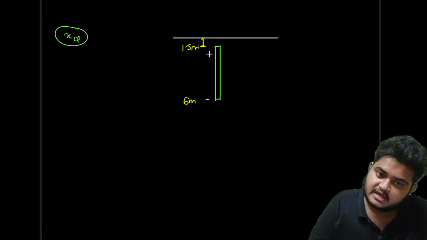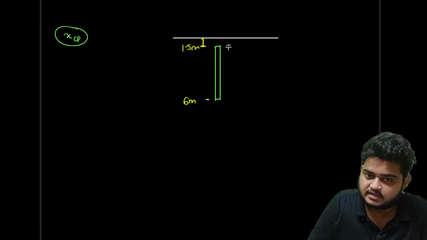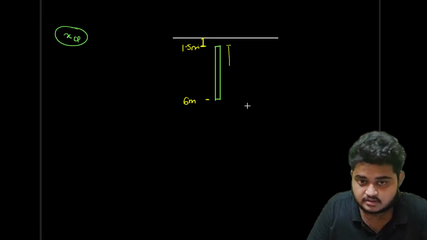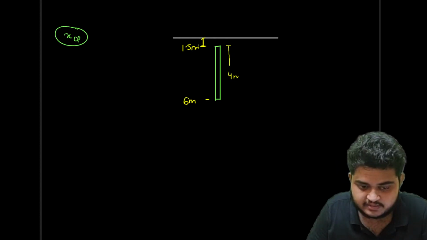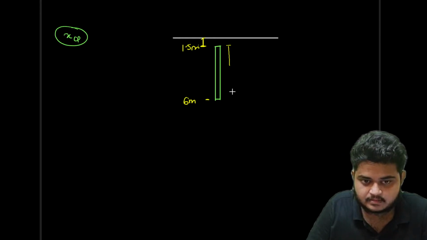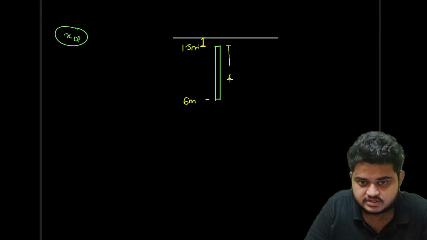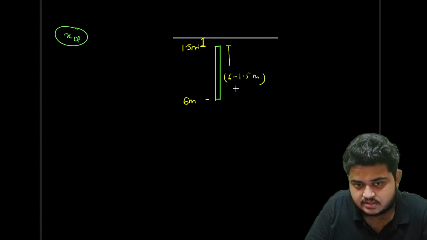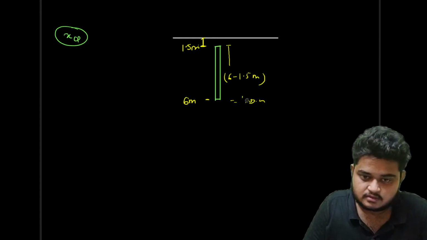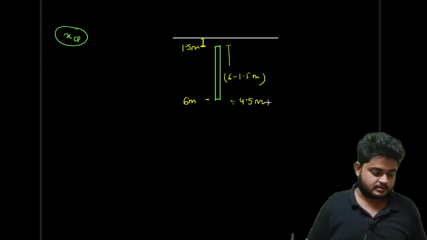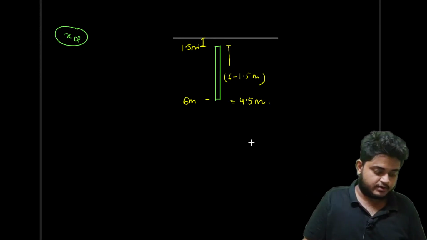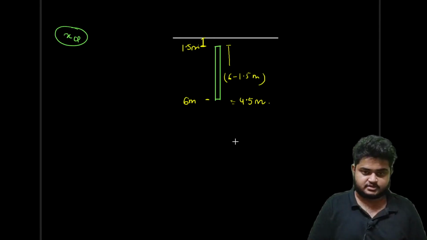That means the height of the rectangle is, 4, sorry, not 4, 6 minus 1.5 meter, that will be 4.5 meter. Right, so it will be 4.5 meter.